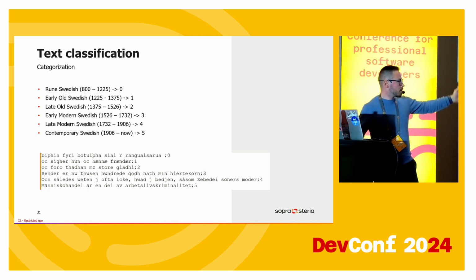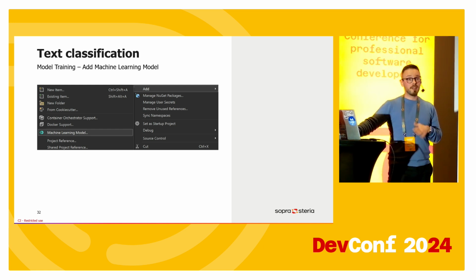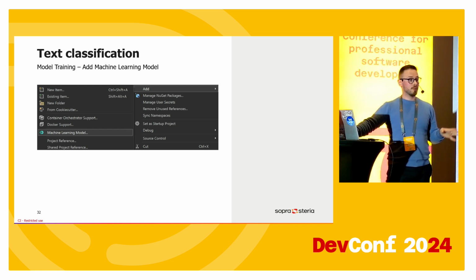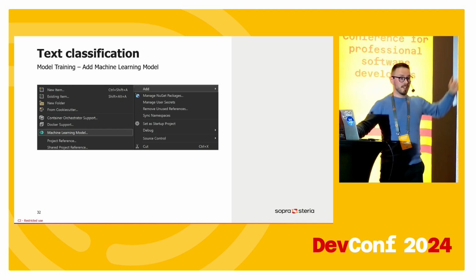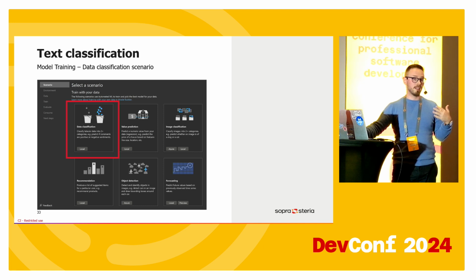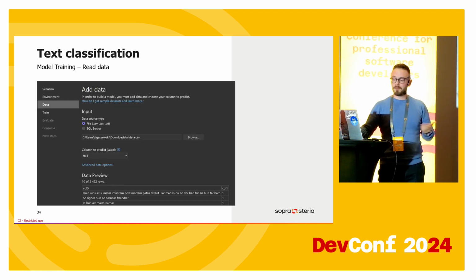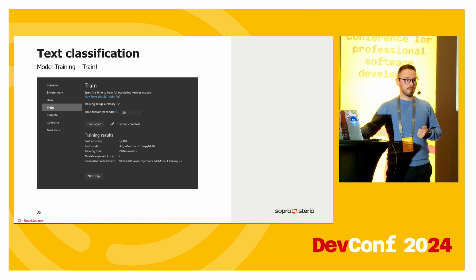And my data for my model looks like this. How to train the model is very easy. You open Visual Studio, create a new solution, and add a machine learning model. Easy like this. Then you need to choose the scenario. In my case, text classification. You need to load your data, and then you need to press the button to train your model.